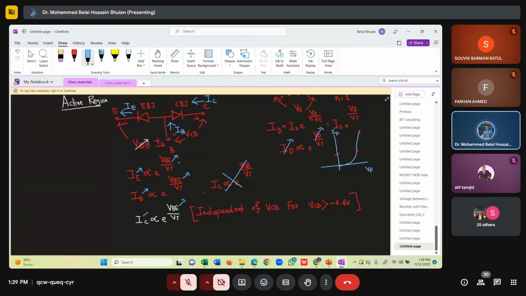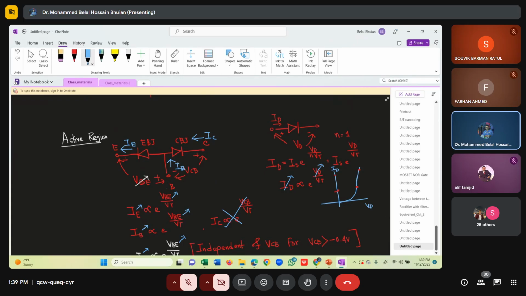We find IC is changing. This one I can accept very easily. IB, IC and IE changing with VB, that I accept. But what is hard to accept is that IC, which is happening in a faraway land, is dependent on VBE and independent of VCB.